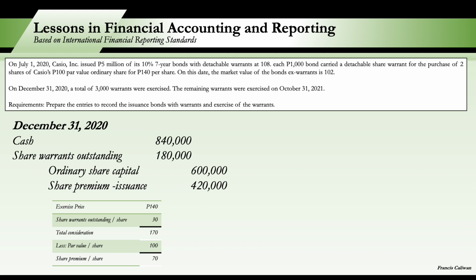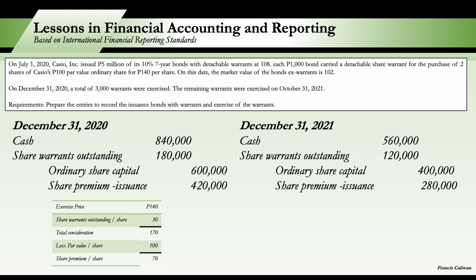Next, our entry to record the exercise of the warrants on October 31, 2021 for the 2,000 warrants or 4,000 shares. So debit cash 560, so that is 4,000 times 140. Next, the balance of the share warrants outstanding, which is 120.